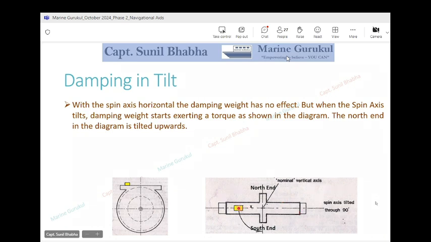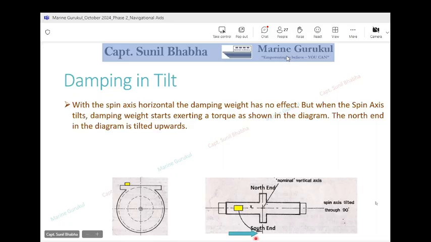So this weight tries to pull down the westerly part of the casing. And if you see its effect on the spin axis, it is trying to push the spin axis in this particular direction. Let me show it with the arrow. So you can see this arrow appearing on the screen now. This is how the damping weight is trying to push the south end of the spin axis.